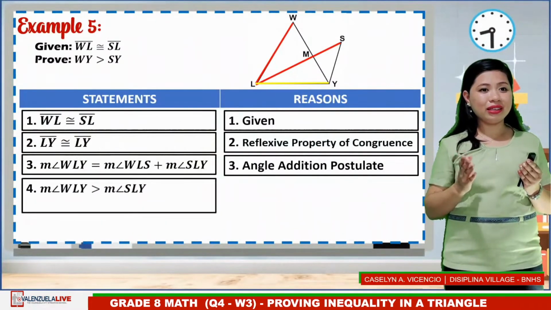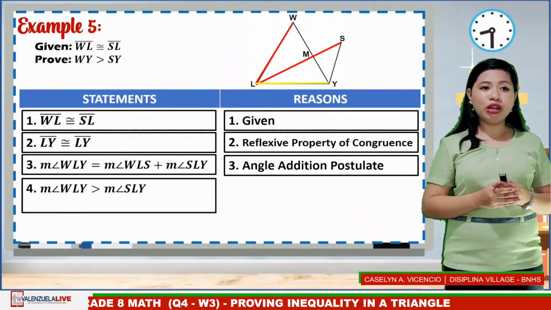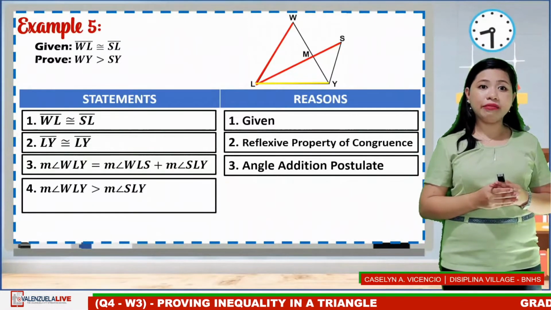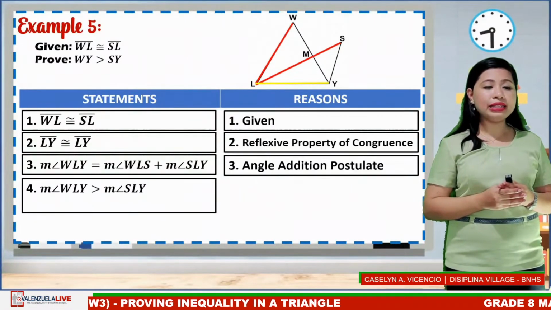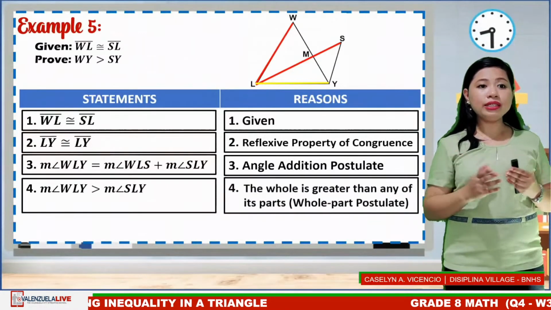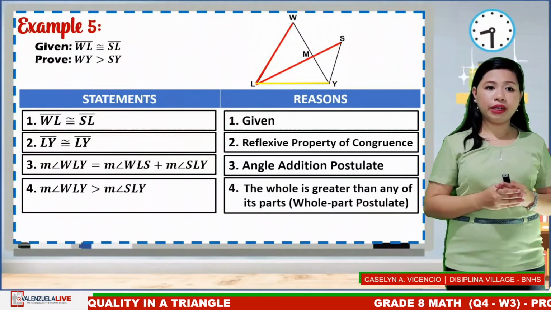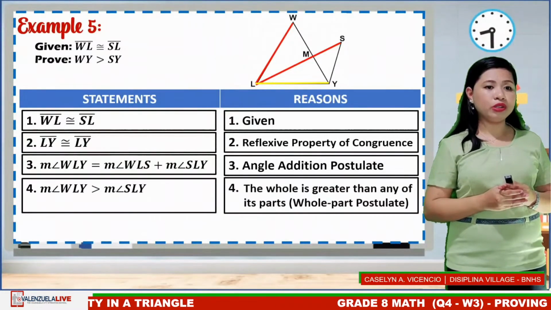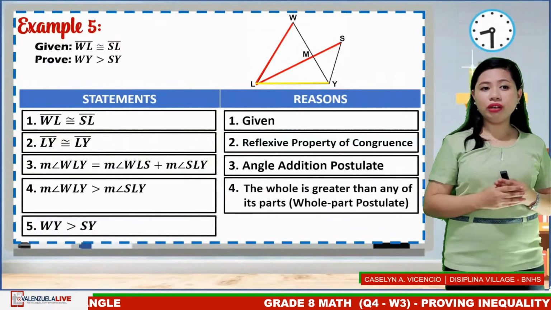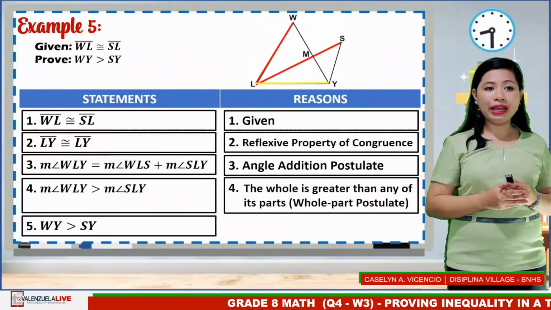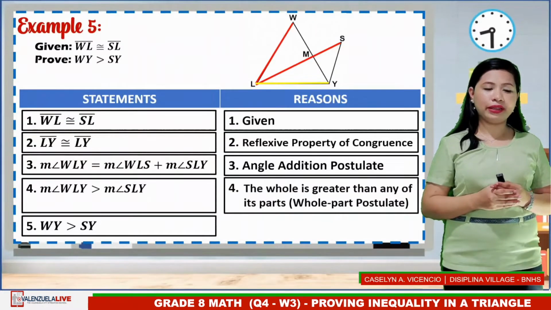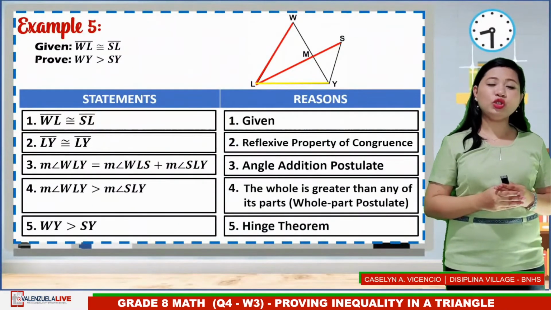With this, the measure of angle WLY is greater than the measure of angle SLY because the whole is greater than any of its part, or the whole part postulate. Therefore, the measure of side WY is greater than the measure of side SY by hinge theorem.